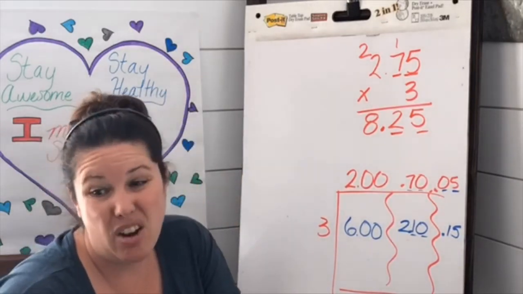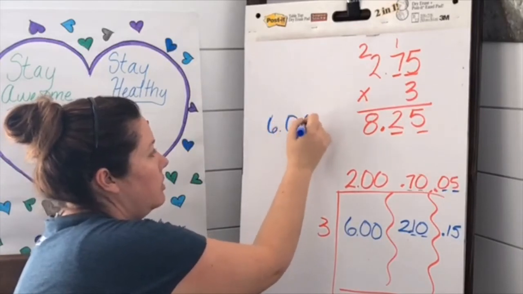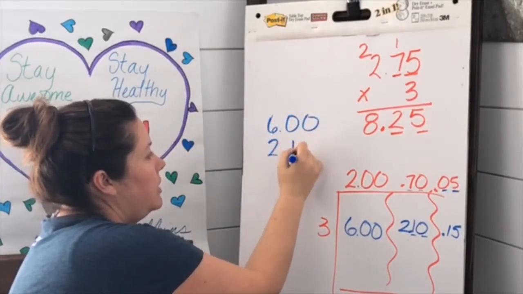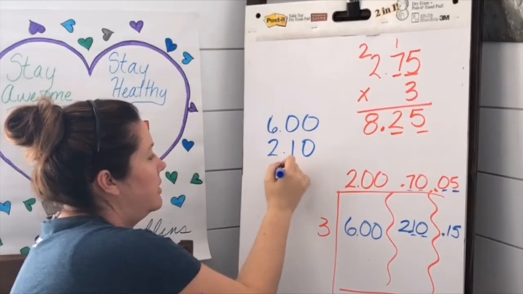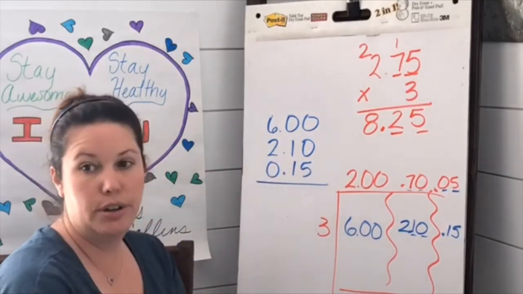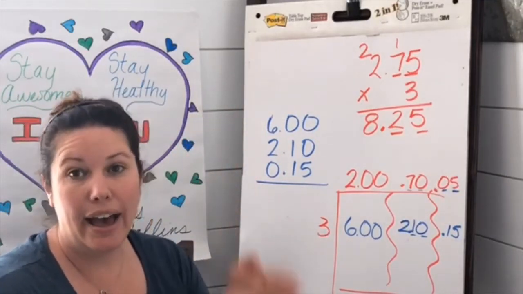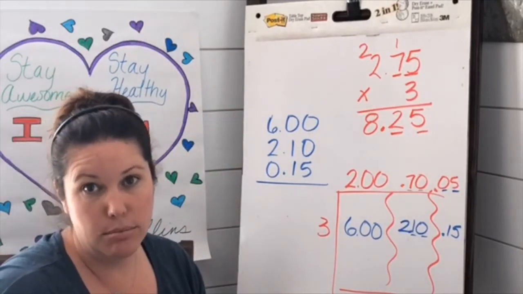And now I'm going to add all that up. So I'm going to put my values over here. $6 plus $2.10 plus 15 cents. And I'm going to put my placeholder 0 here. Now when I'm adding decimals, yes, I have to line up all of my decimals, okay?